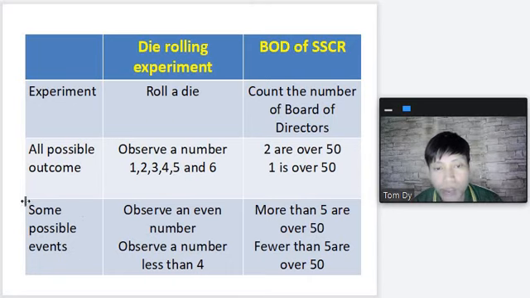However, in possible events, we observe an even number or a number less than 4. On the other hand, for the Board of Directors of SSCR, possible events are: more than 5 are over 50, or fewer than 5 are over 50. Okay, so that is how we differentiate the keywords experiment, outcomes, and events.